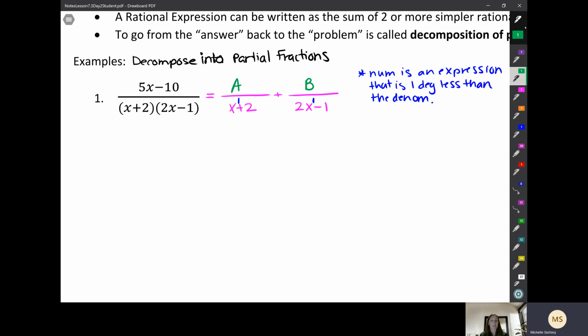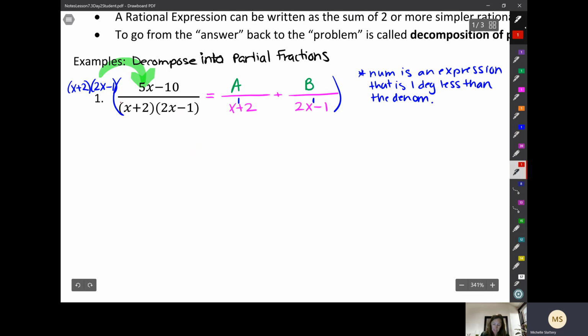Now we want to decompose this into partial fractions. To do that, we want to get rid of the denominators. So I'm going to multiply the entire equation by the denominator so that I can cancel it. I'm going to multiply the whole thing by the quantity of x plus 2 times the quantity of 2x minus 1. When I multiply this times the left side of the equation, both of the denominators, the x plus 2 and the 2x minus 1, are going to cancel.